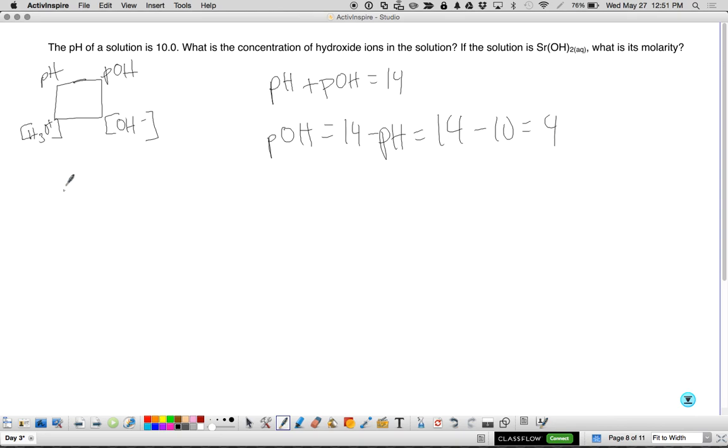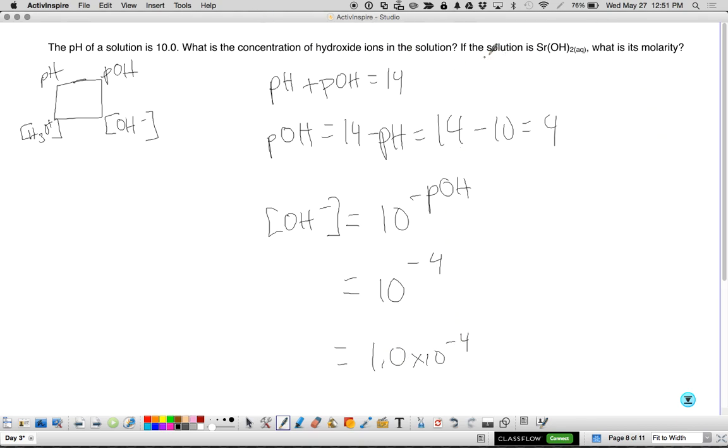Now, from here to here, I'm going to use concentration of hydroxide ion is 10 to the minus pOH. So this is 10 to the minus 4, which is 1.0 × 10 to the minus 4. So there's my concentration of hydroxide ion.